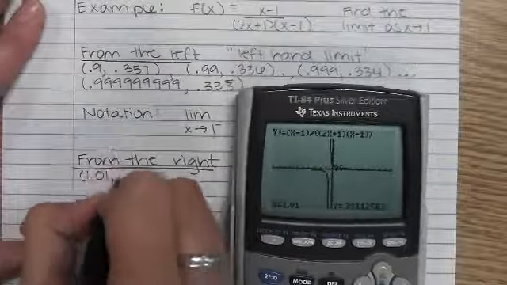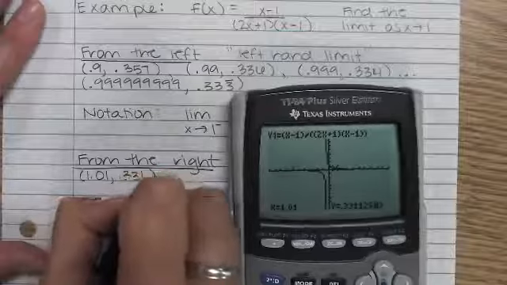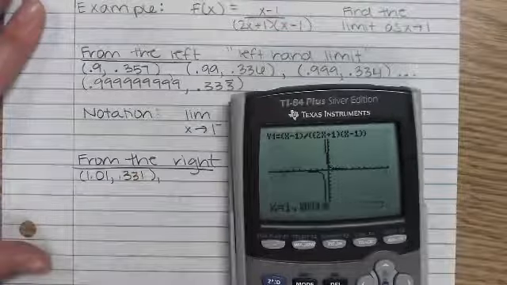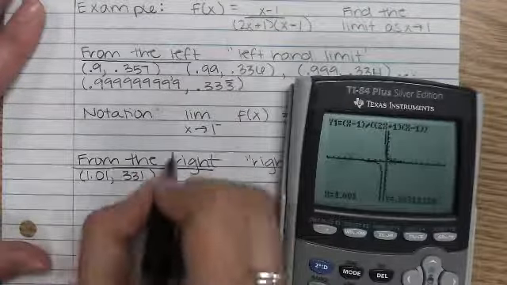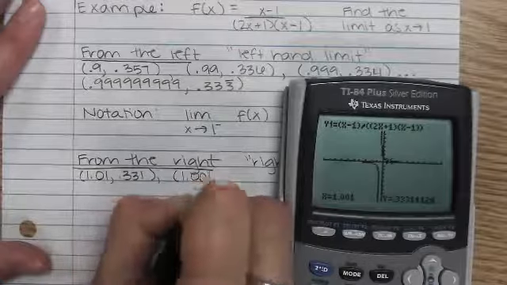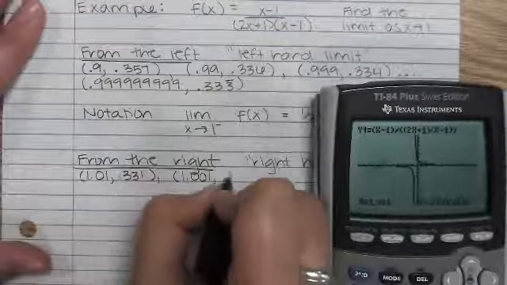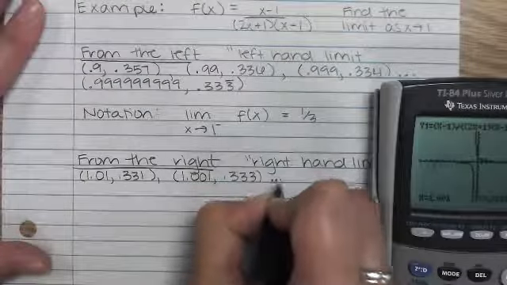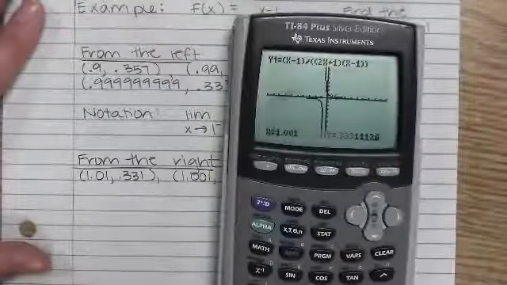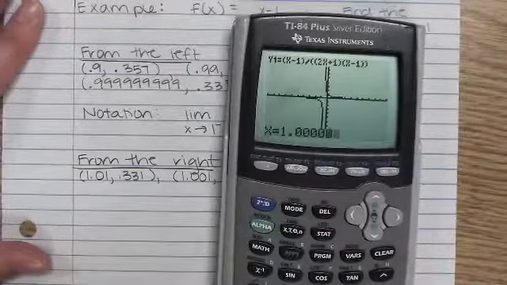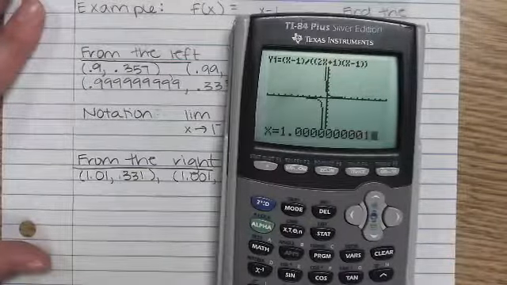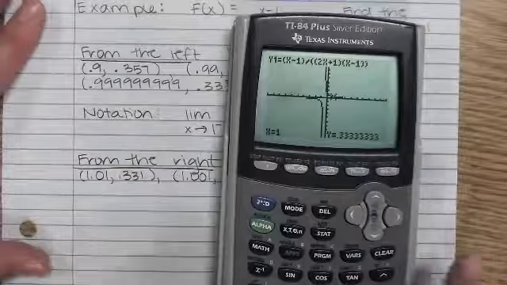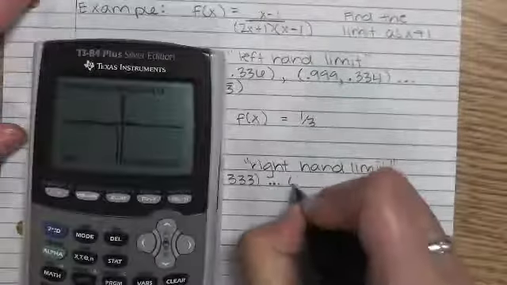And that gives me 0.331. 1.001 gives me 0.333. And if I continue this pattern, like 1.00000000001, again it does the same thing.